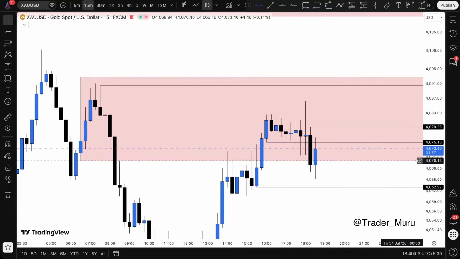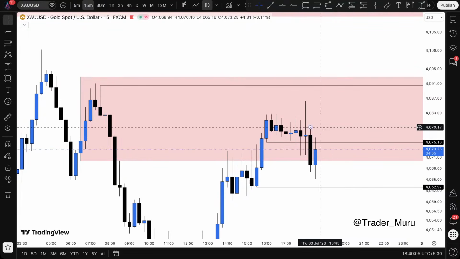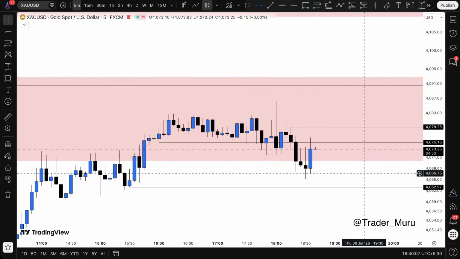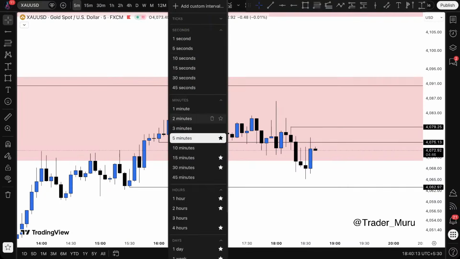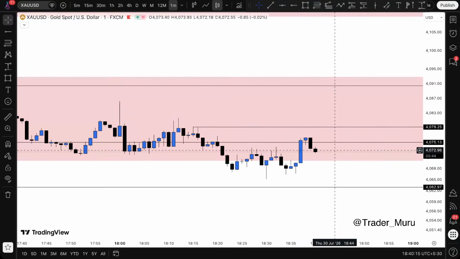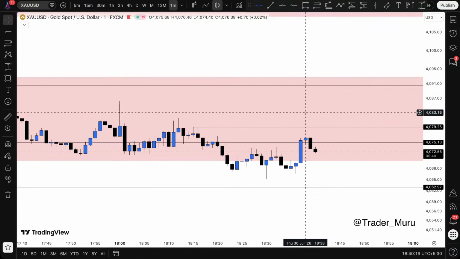Five minutes to close this candle. It is still bearish. 1 minute, bearish. You can enter in short.